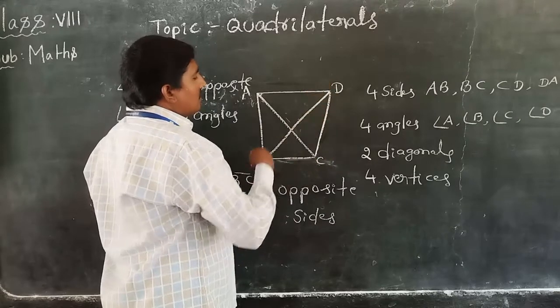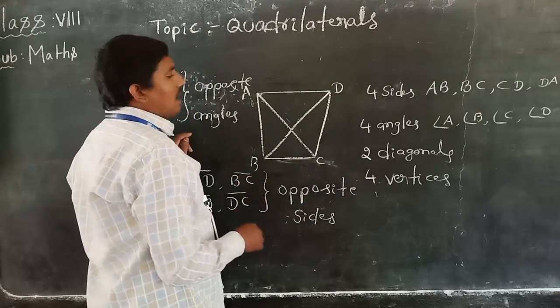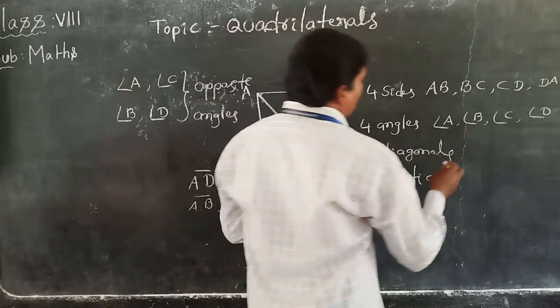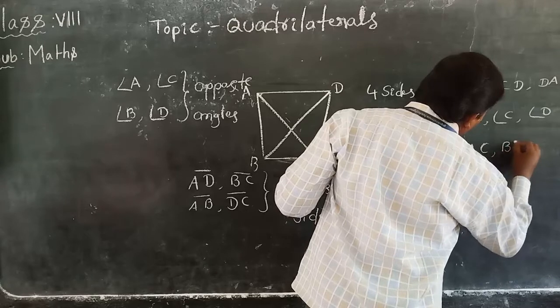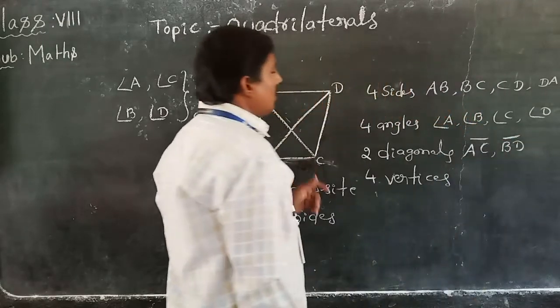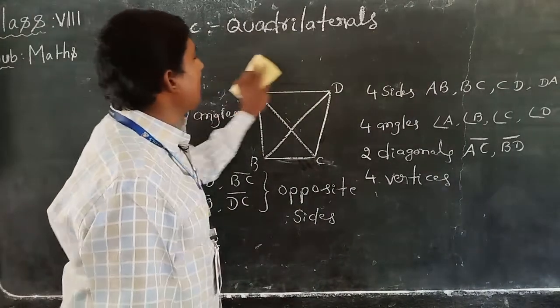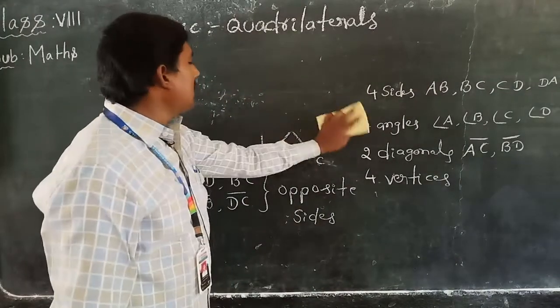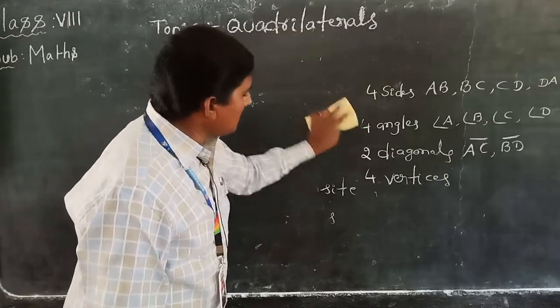So we join opposite vertices. Those are called diagonals. Here AC and BD are the two diagonals.